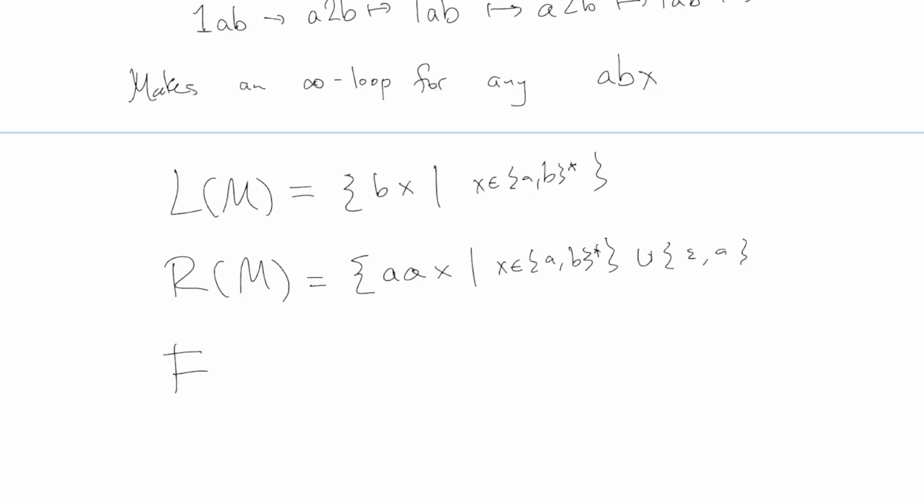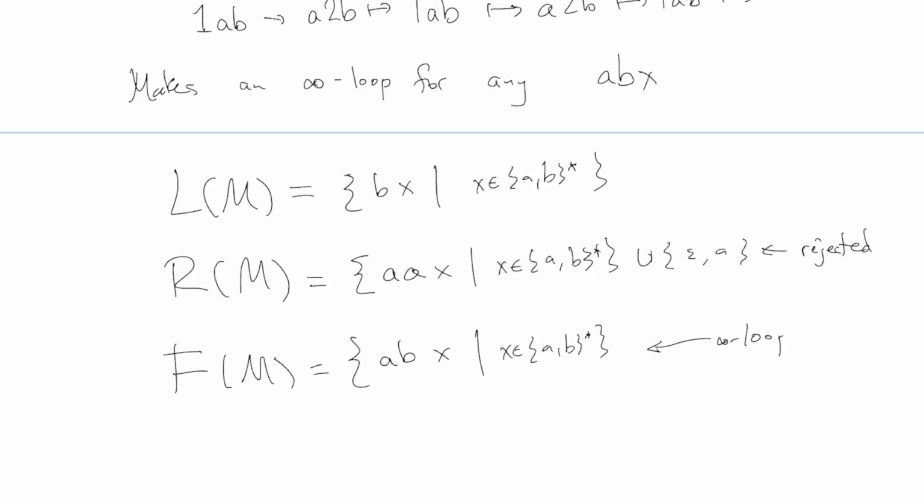And then there's the ones which loop forever, which is anything starting with AB, followed by X. These are the infinite loop ones, all right?